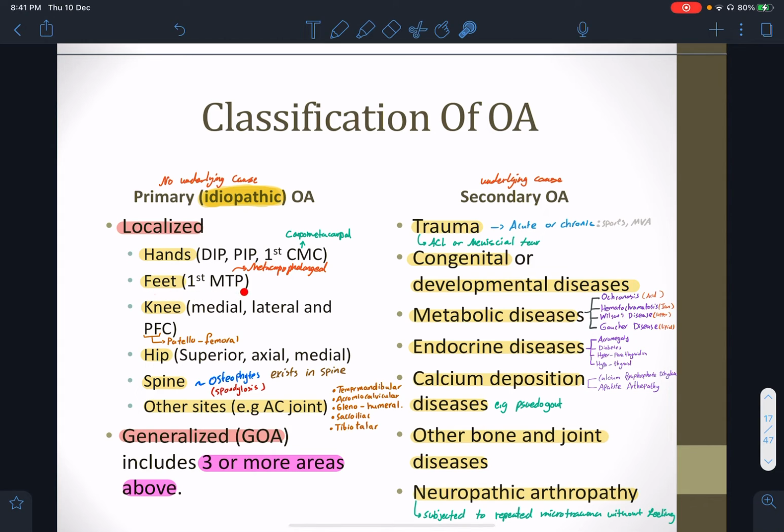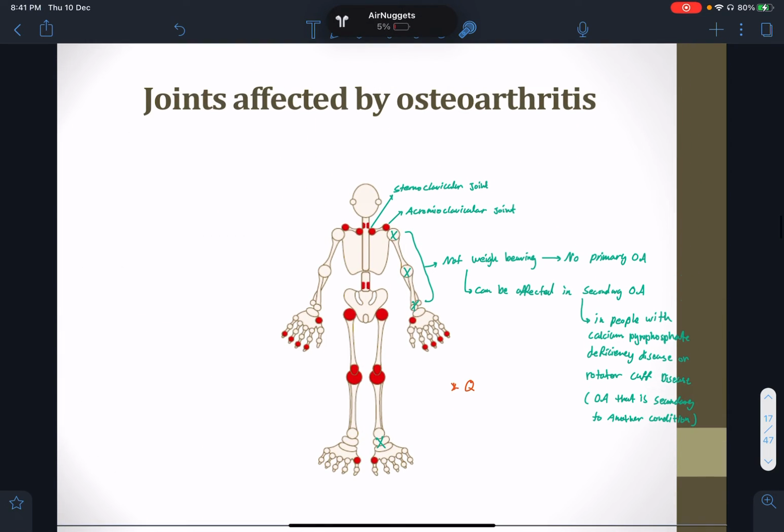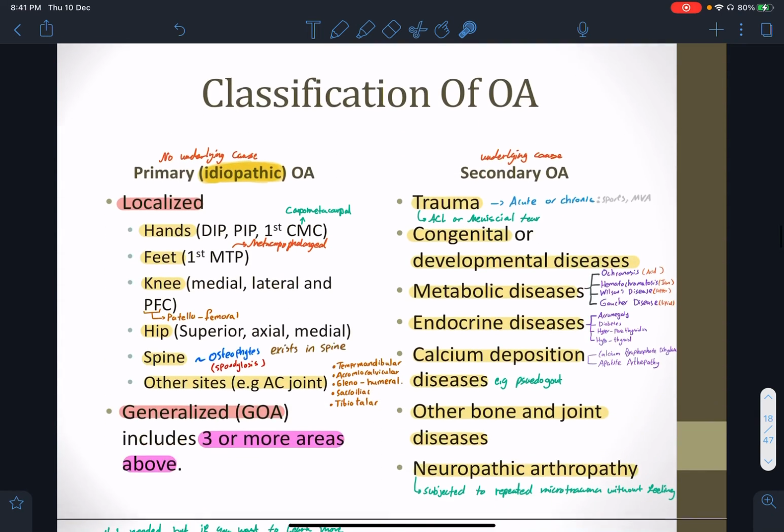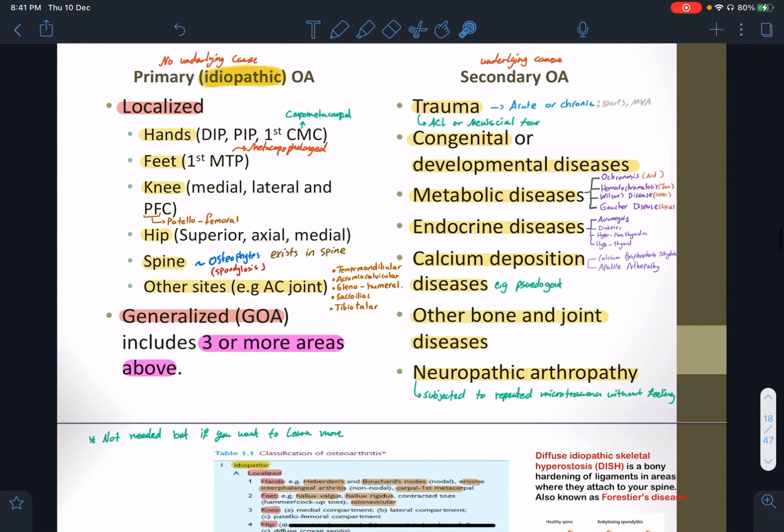And you've got the feet, the first metacarpophalangeal. And the knee, you can have the medial and the lateral, the patellofemoral, and the hip. Also, it can be noticed in the spine and other sites like I've mentioned before, like the sternoclavicular, acromioclavicular, and many others. It is considered generalized if you have three or more of these joints affected.